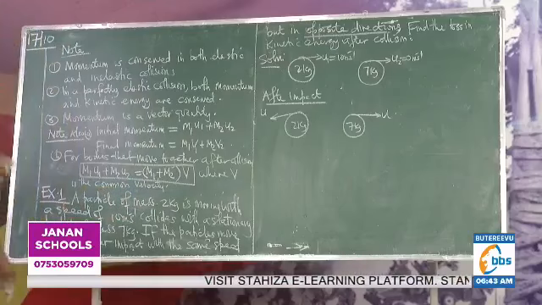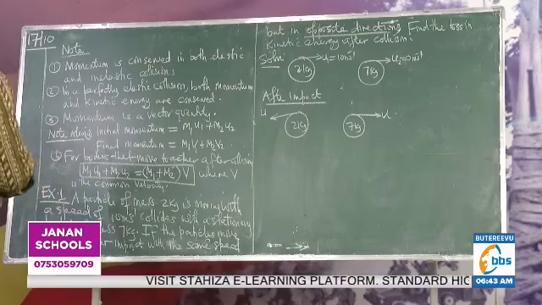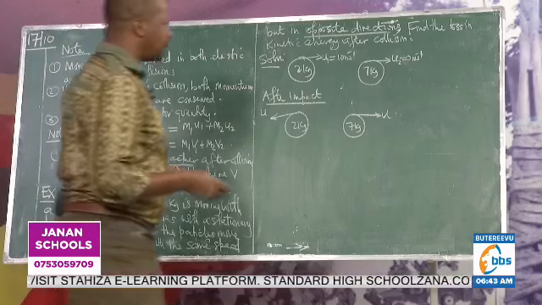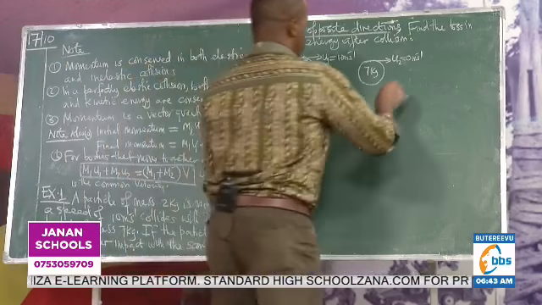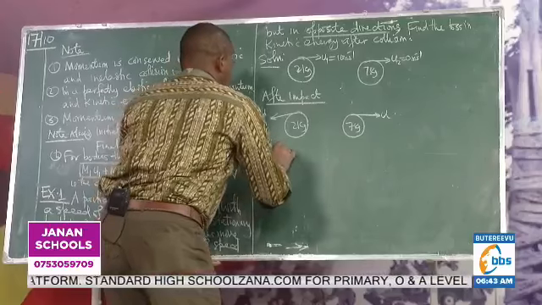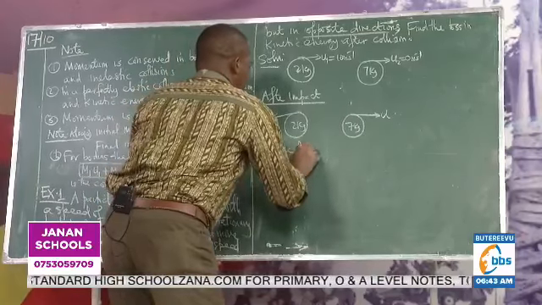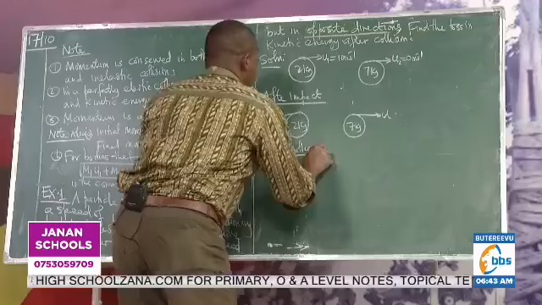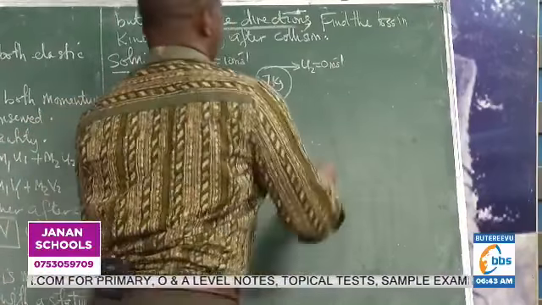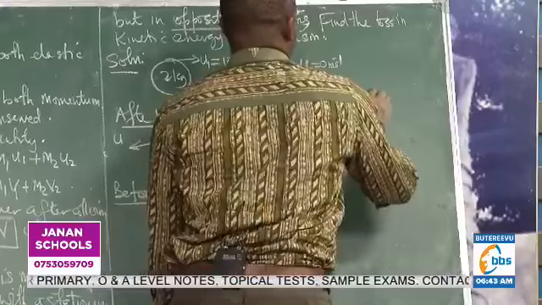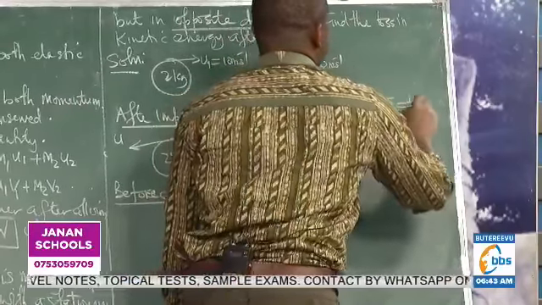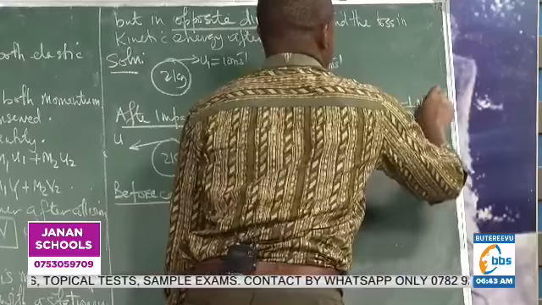Since they want us to find the kinetic energy change, we shall find the kinetic energy before collision. We are all aware that kinetic energy is given by a half times mass times velocity squared.